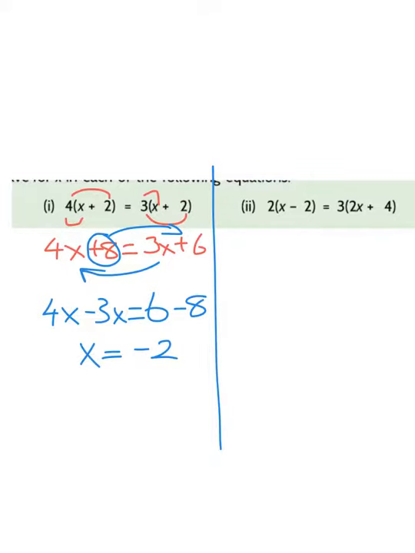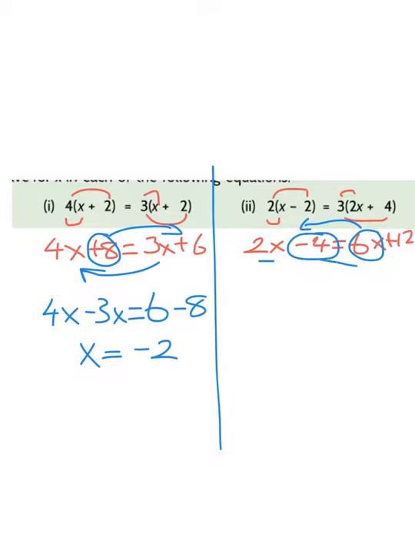Similarly, on this side, we have 2 by x gives me 2x. 2 by minus 2 gives me minus 4 equals to 2. 3 by 2x gives me 6x. 3 by 4 gives me plus 12. So now I have 6x on this side, I want to move it over.